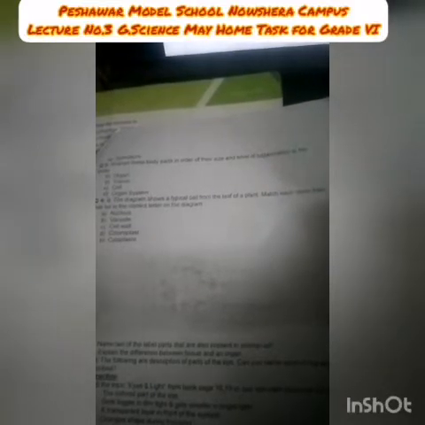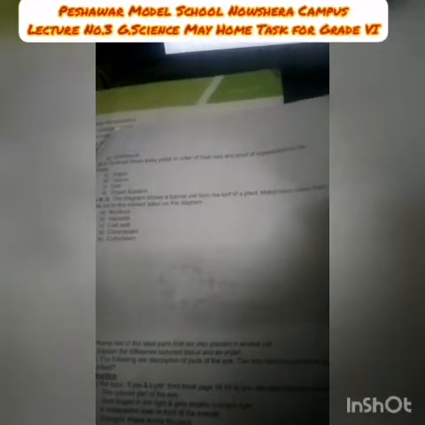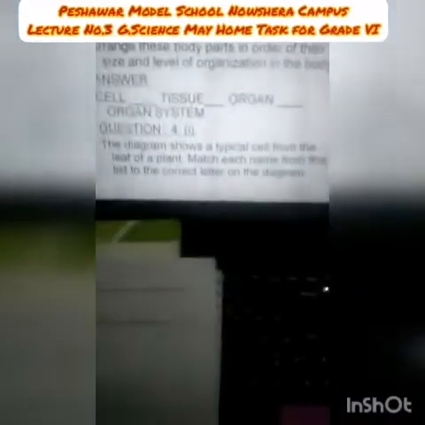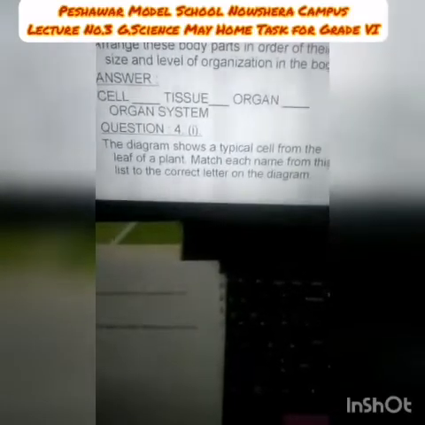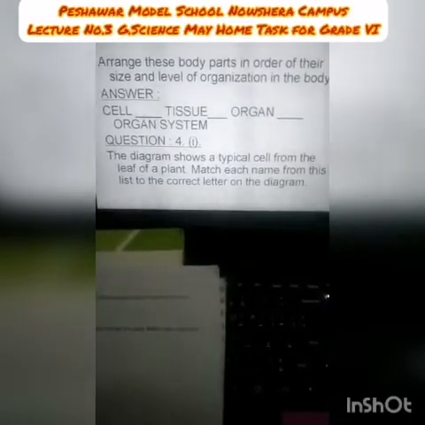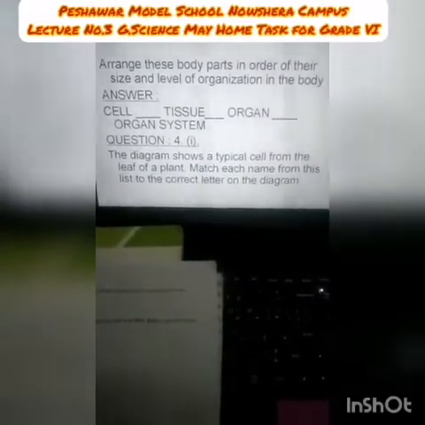A, B, C, D: organ, tissue, cell and organ system. These are different body parts. You will write in sequence which one is the smallest. The cell is the smallest, the basic unit of all living organisms, from which all living organisms are made.